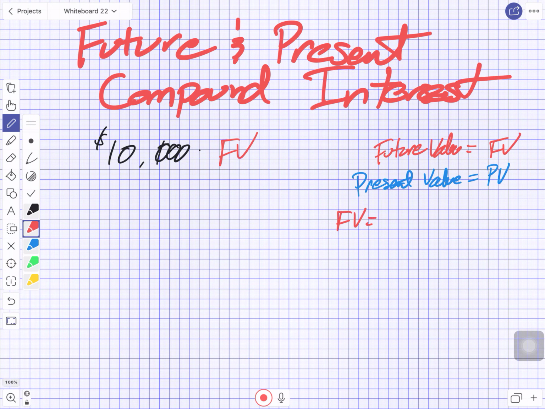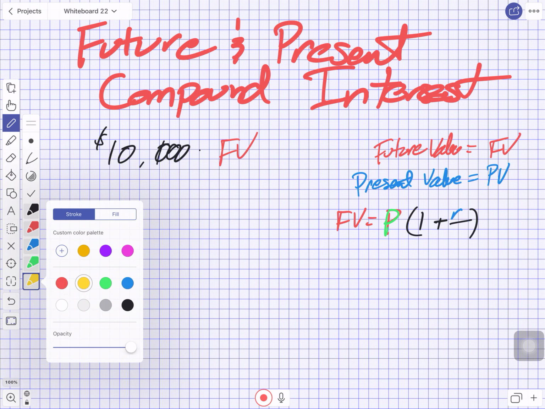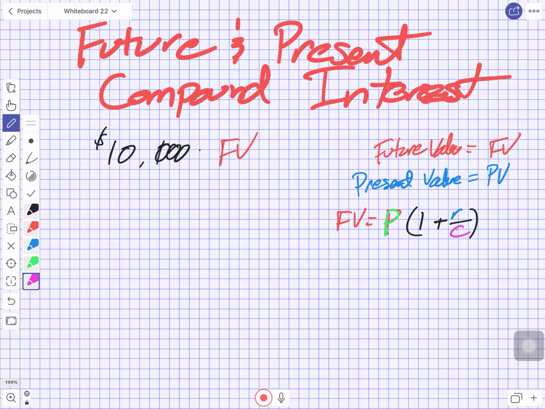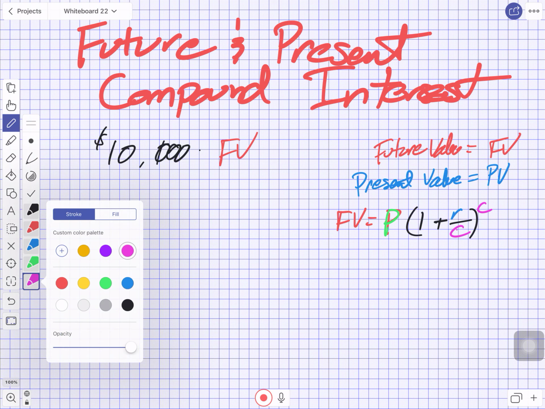The future value is equal to, usually they write a letter P here for principal. I'm going to put a P, and then that is with 1 plus the rate, interest rate, divided by the compound period, and then your exponent is the compound period times the years.